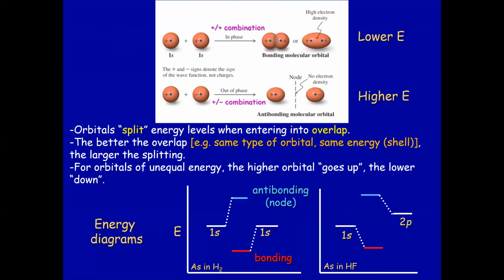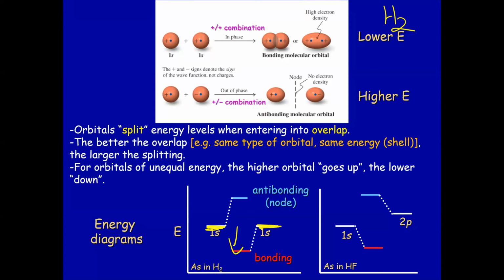So you can have a plus with a plus, such as in hydrogen, or a plus with a minus. And you will end up creating, so you start with two 1s orbitals. The bonding orbital, when they are in phase, the energy goes down.